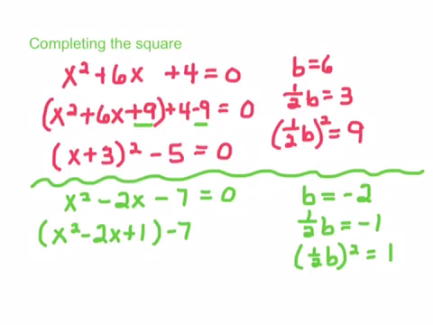Since we added 1 inside the parentheses, we have to subtract 1 outside the parentheses to keep the equation balanced. And then we unfoil the trinomial and we put x minus 1 squared, and we simplify negative 7 minus 1 is negative 8.